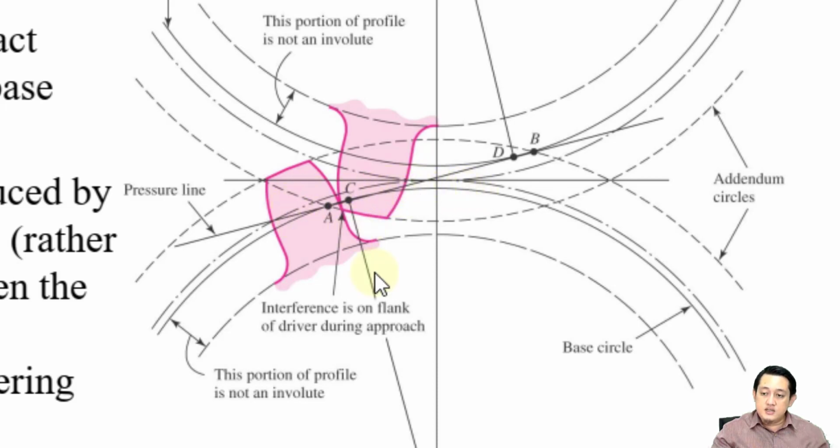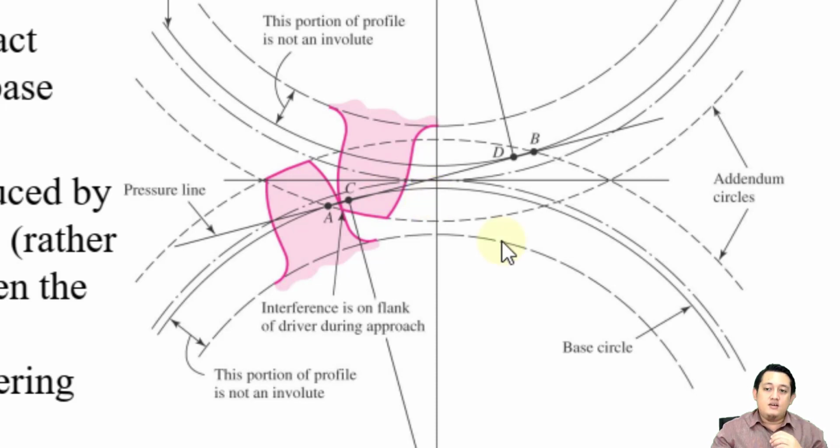You can see the upper tooth made contact below this base circle. When it makes contact below the base circle, it will have interference, which is not the conjugate action that we want. So we want to prevent this interference.